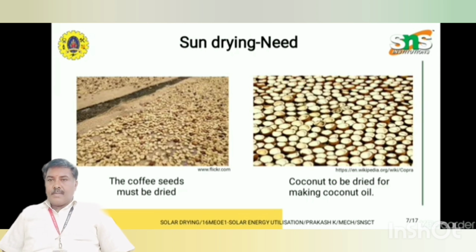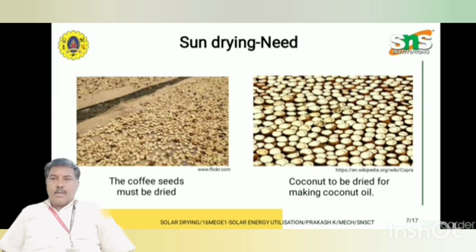As the coconut is completely dried, then only it can be ground to convert into coconut oil. This process has to be taken in 4 or 5 days according to the climatic conditions.